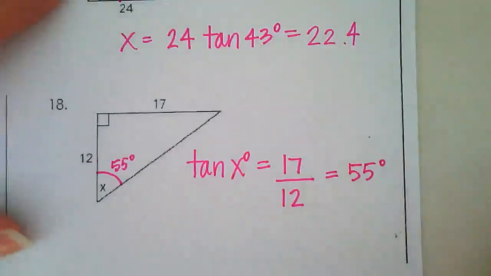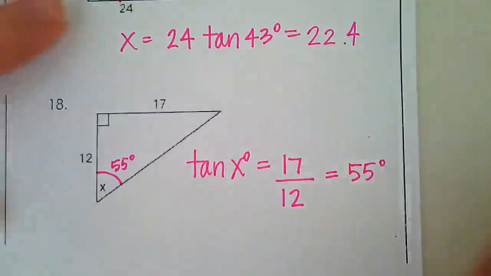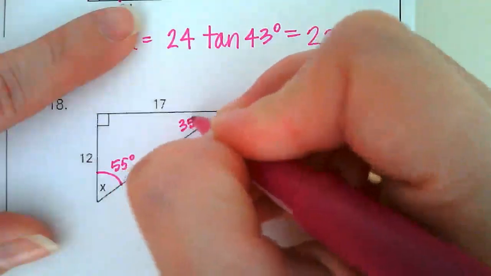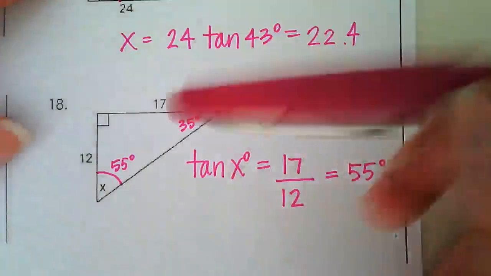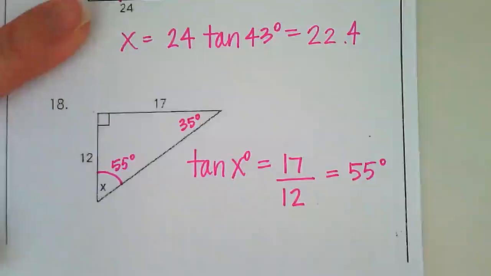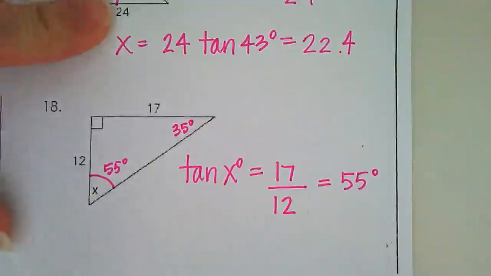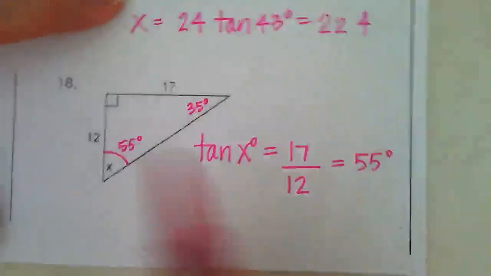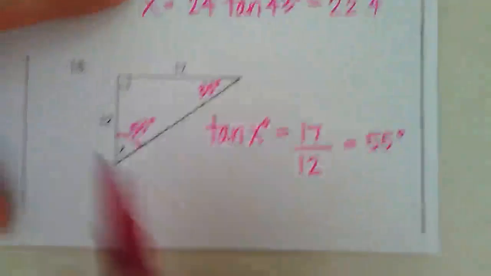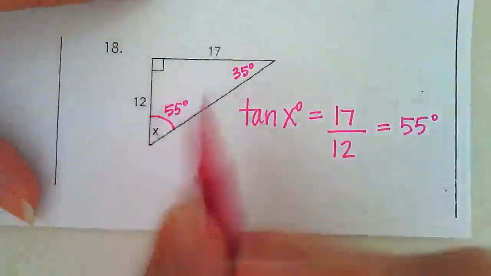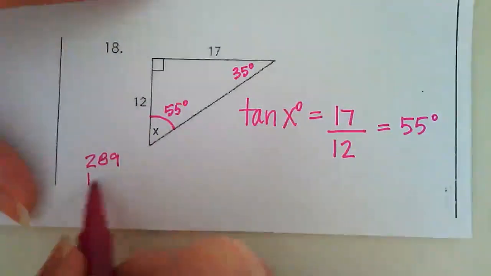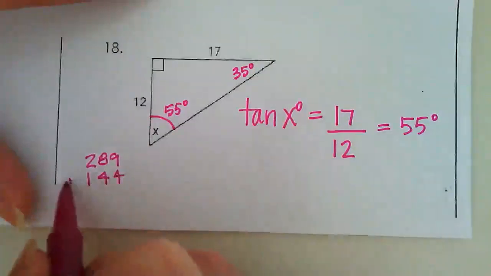Since this is our last one, and this is 55 degrees, that tells me that this one would be 35 degrees, because those two have to add up to 90 degrees in order to make 180 degrees. And then if we did Pythagorean theorem, we have 17 squared, which is 289, plus 12 squared, which is 144.